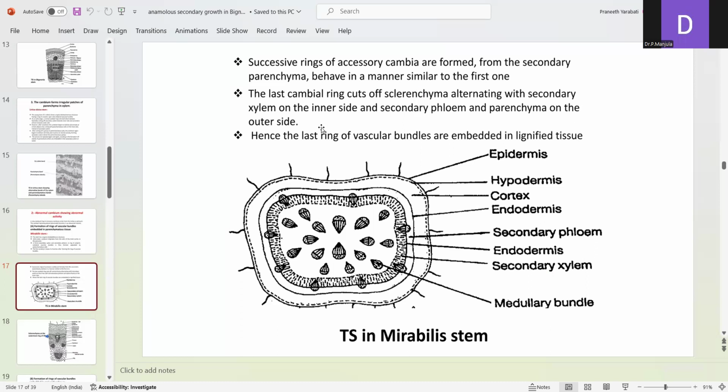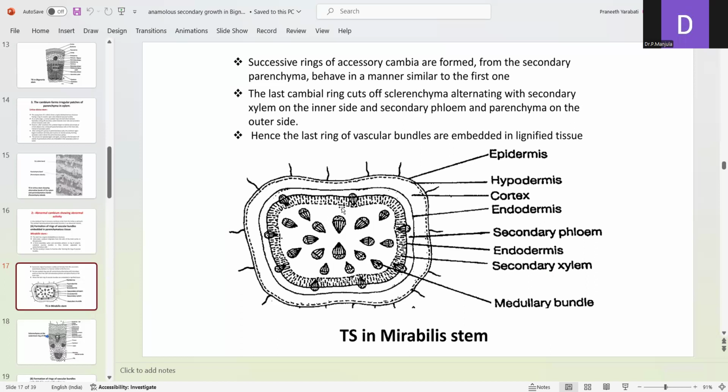Hence the last ring of vascular bundles is embedded in lignified tissue. Like this, first the cambium behaves normally and produces the secondary xylem and secondary phloem. But later, after this normal cambium ceases its function, the formation of accessory cambium takes place from the inner cortex.